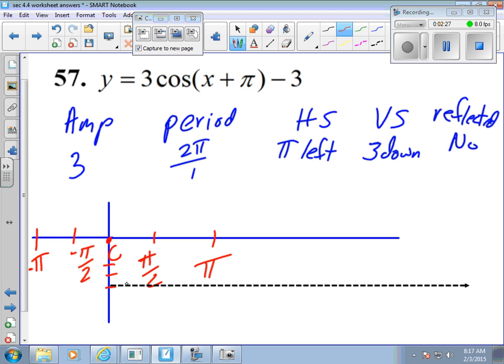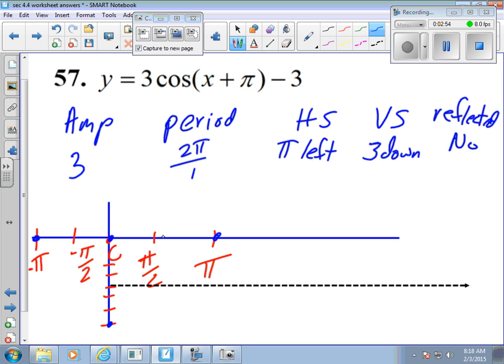So we're going to be going up 3 and down 3 from that dotted line. So the lowest point will be at negative 3. The highest point will be at 0. So let's take a look at how that's going to look. We're going to start up here, and we're going to end up here. Our lowest point is going to be down here.